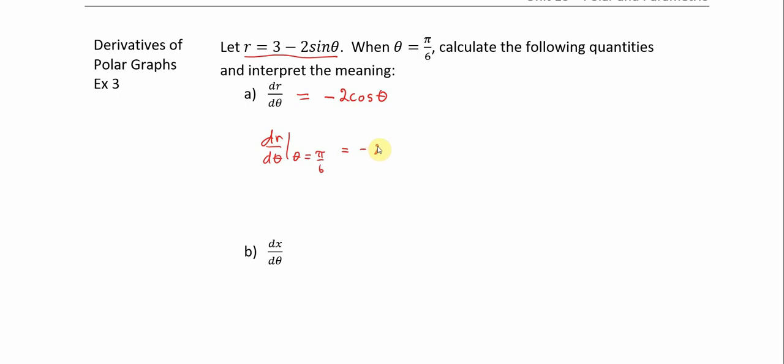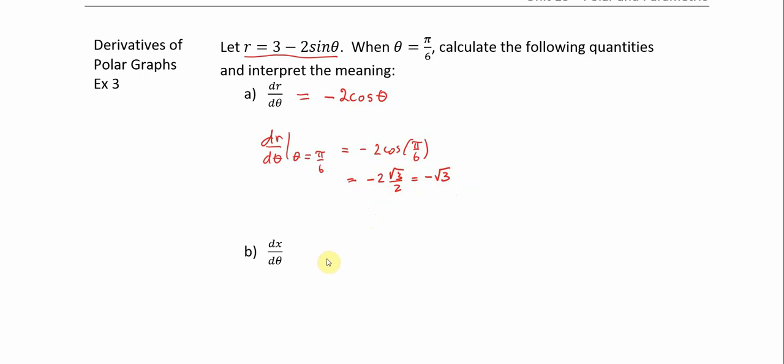This is negative 2 times the cosine of pi over 6. Cosine of pi over 6, if you recall, is root 3 over 2, times negative 2, so that's just negative root 3, or about negative 1.73. We will deal with what this means in just a minute.